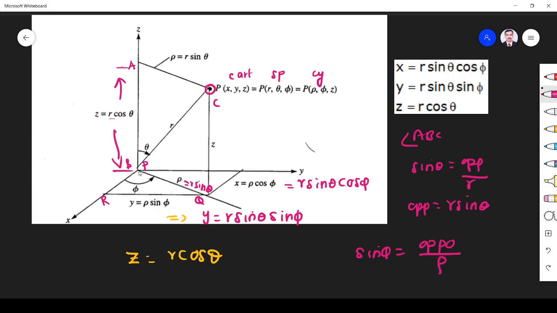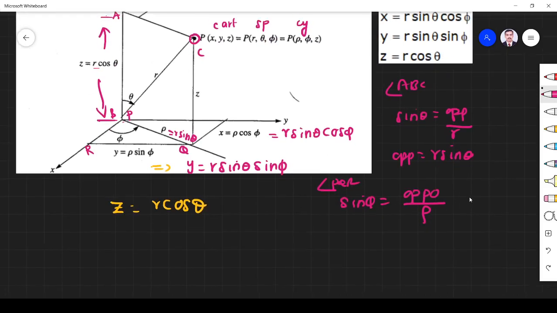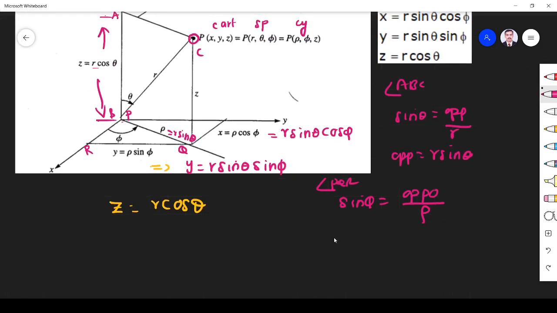This is my hypotenuse for triangle PQR. So what is my opposite side? Opposite side is equal to rho sine phi. What is my rho? Rho is equal to r sine theta. So it is r sine theta sine phi, that is rho sine phi, that is what your y is.